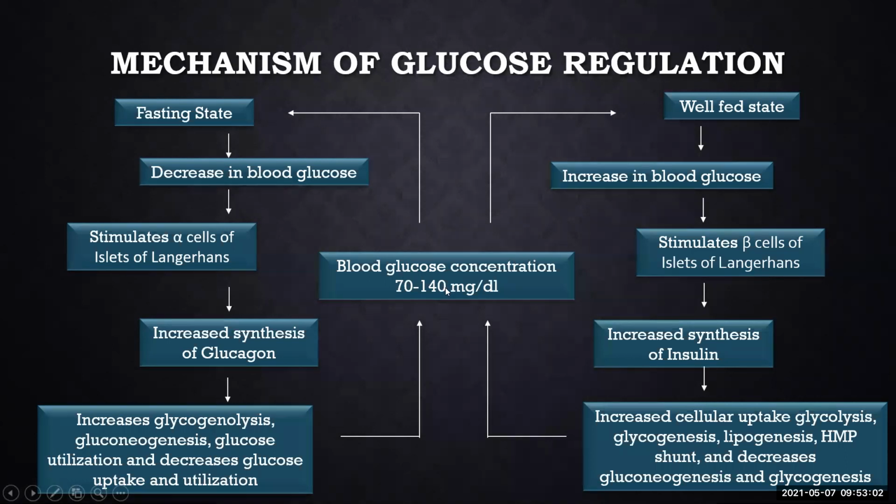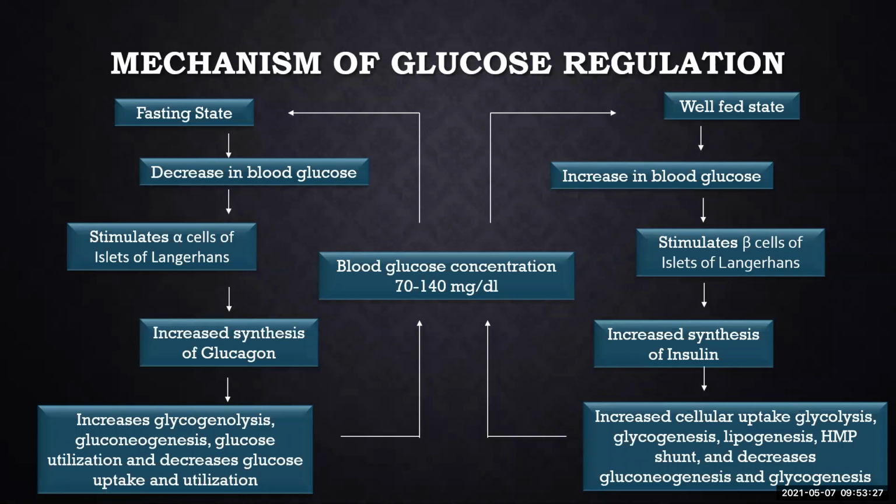Okay, so once again, when it goes more than that, we can see there is an increase in blood glucose level, beta cells are stimulated, insulin is produced, and insulin will increase cellular uptake. It will promote glycolysis in the cell. It will promote storage of glycogen.